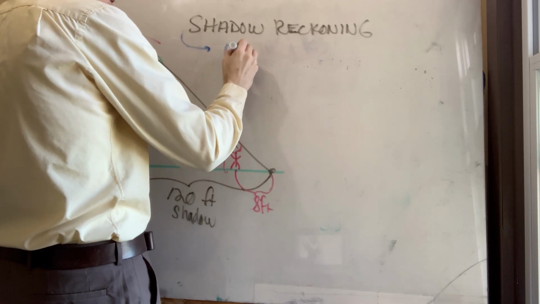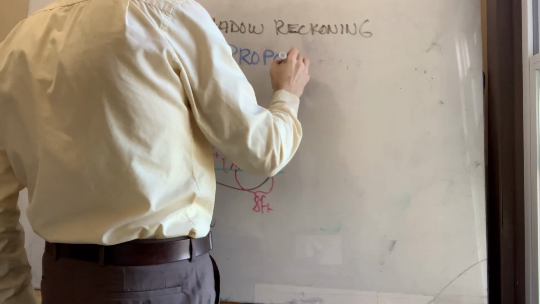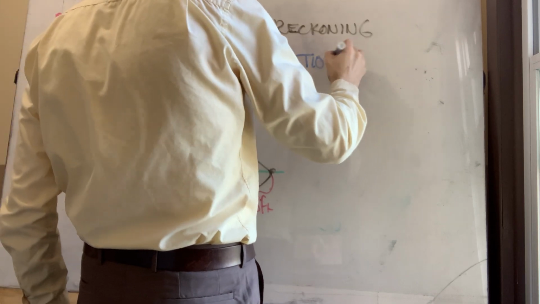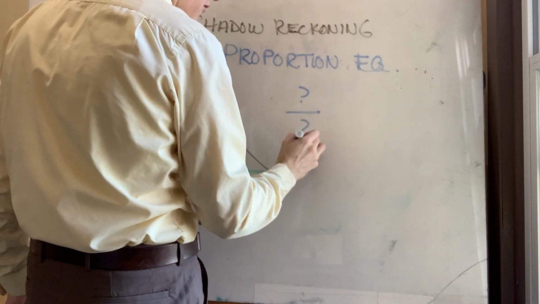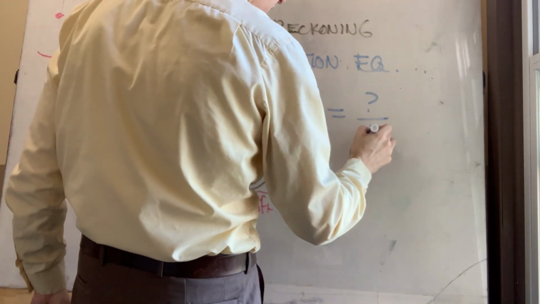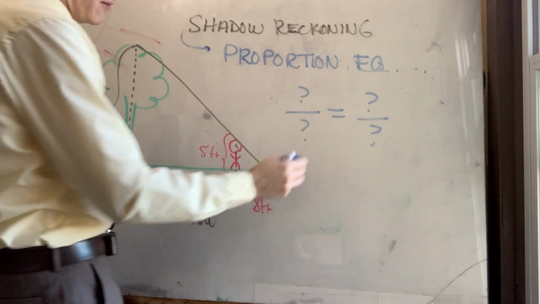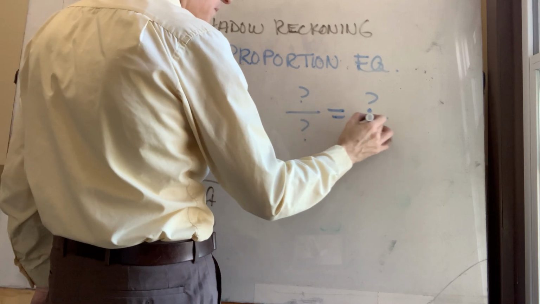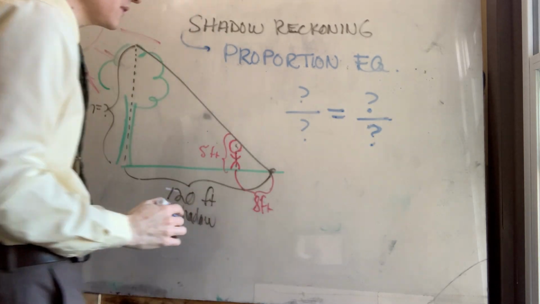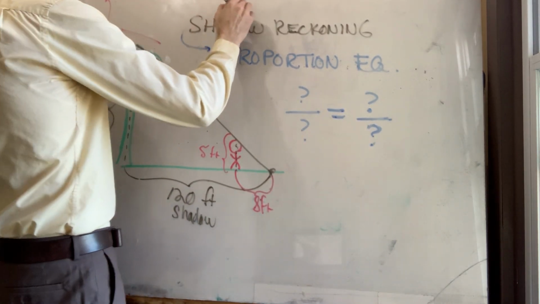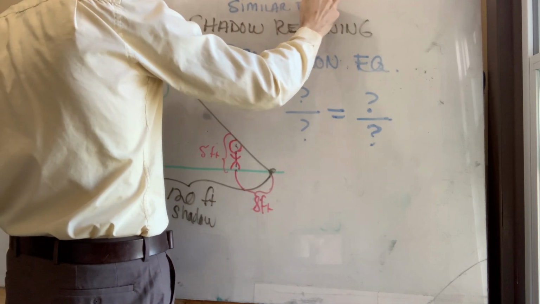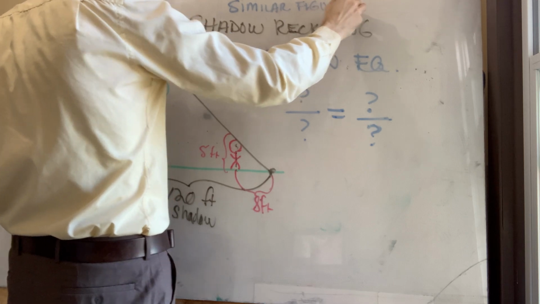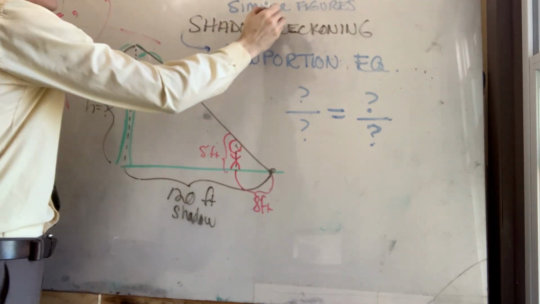It's an example of the use of a proportion equation, which is basically a fraction set equal to a fraction, meaning that there's 4 voids that you have to fill in. Okay. Similar figures, they're not the same size, but they are proportionate.